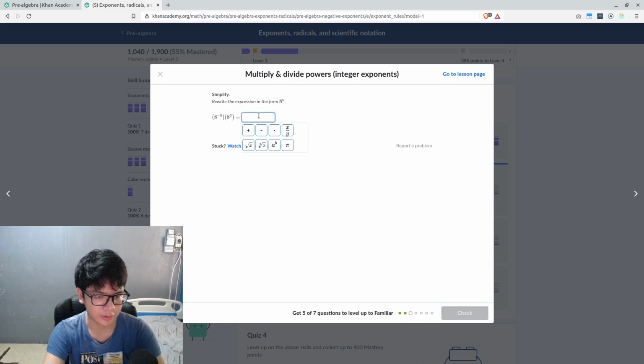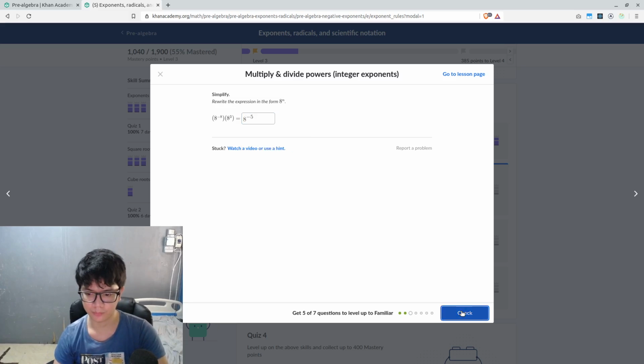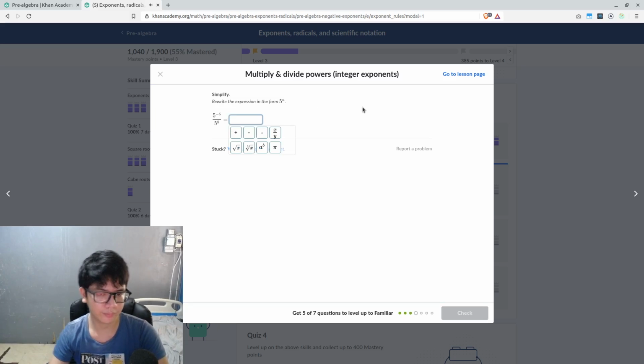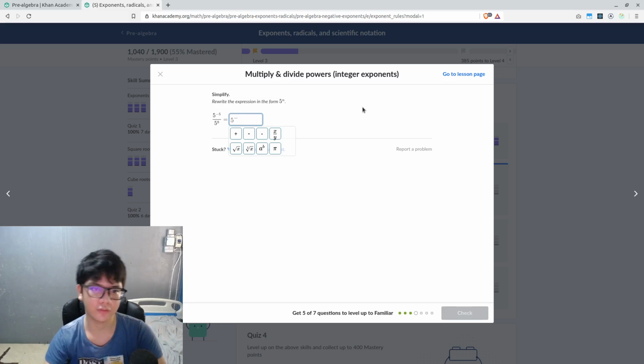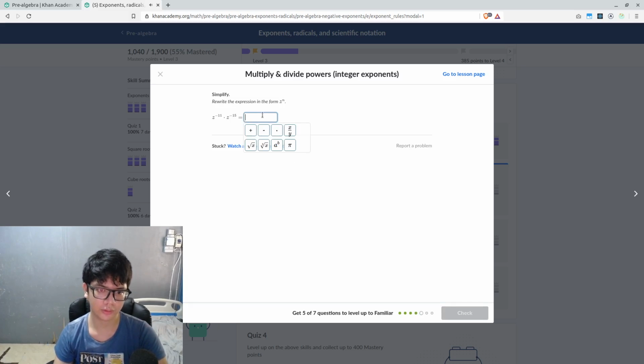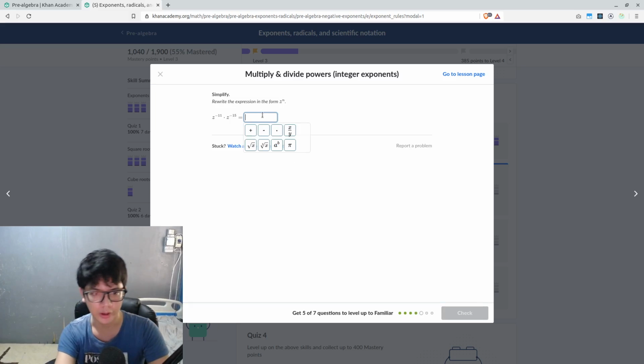Okay, what's this? 8 raised to negative 5. 5 raised to negative 13. The expression in the form z raised to n.